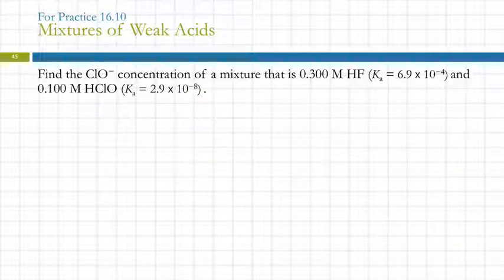That's a difference of 10 to the 4, or 10,000, right? So that's more than several hundred. And our stronger acid here has a higher concentration than the weaker acid. And so we can probably ignore the hydrogen ion contribution from this acid.